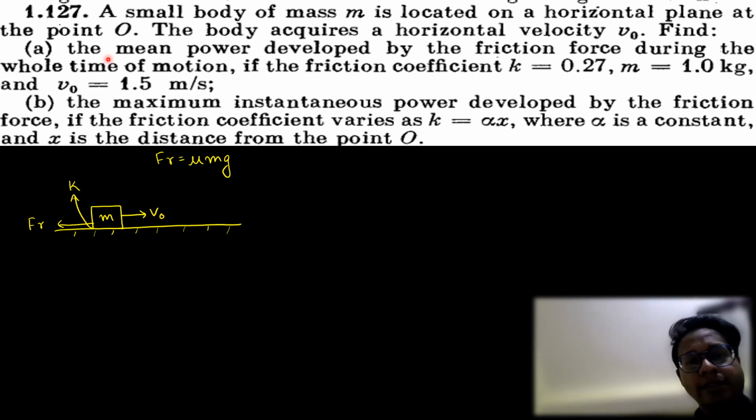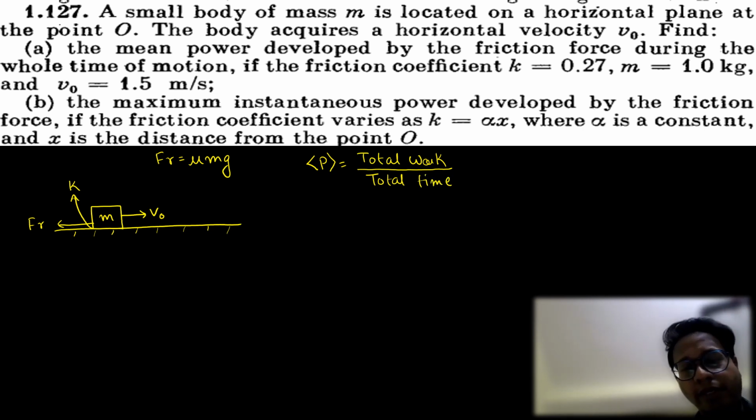What is mean power? Mean power is nothing but average power, and average power is total work done divided by total time.